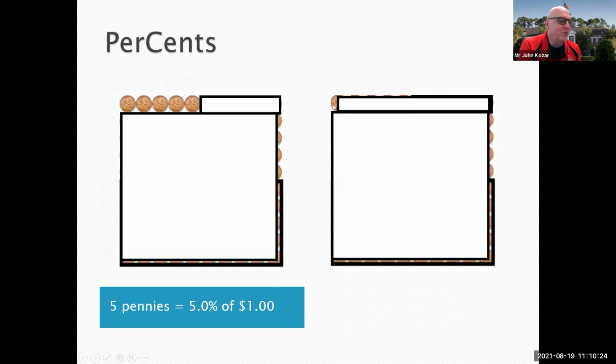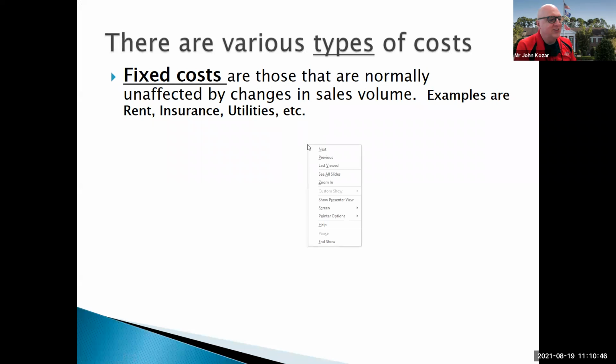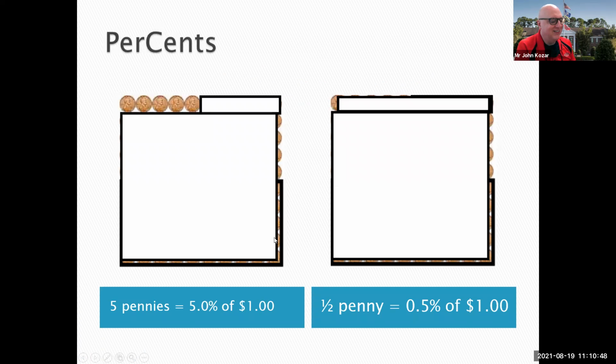And if we cut it way, way down, half a penny is going to be 0.5% of $1. So if you write down 0.5% as your answer, this is what you're telling me that you have. That's very different from if we had this whole group here of 50 pennies, which would be 50%.